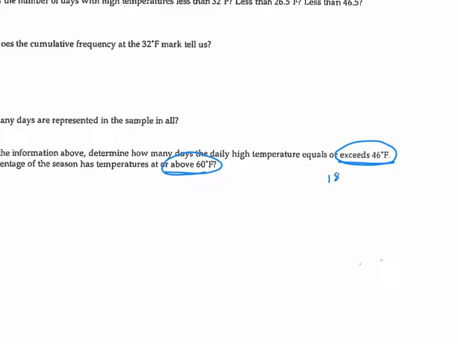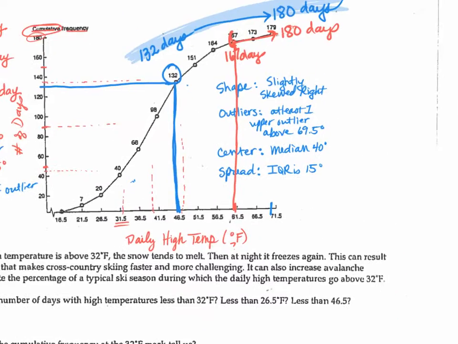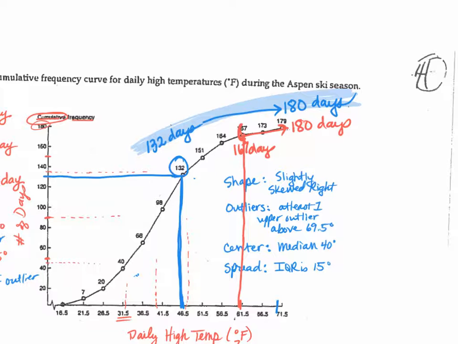So I did 180 minus 132, and I got 48 days. Okay. Now, let's talk about the ones that are at or above 60 degrees. So if I go up here to the top, 60 degrees, I went from day 167 to 180 days. So that's about how many days?